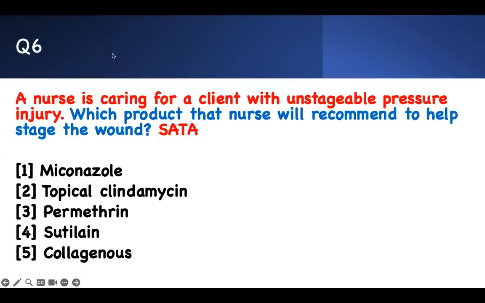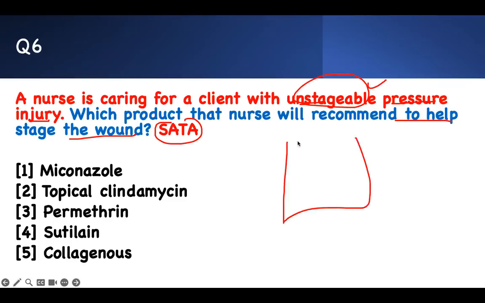Next question. Select all that apply. A nurse is caring for a client with an unstageable pressure injury. Which products will the nurse recommend to help stage the wound? I have an unstageable wound, which one would I use? Then you ask yourself, what is an unstageable wound? An unstageable wound is one where the wound bed is obscured by necrotic tissue and slough.